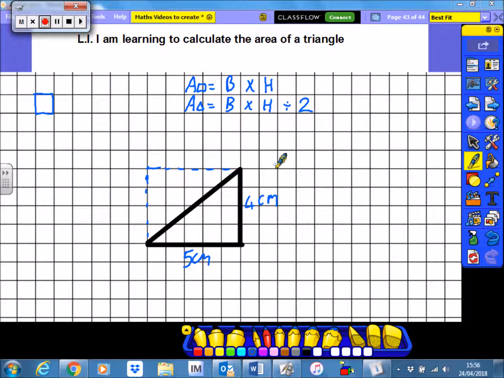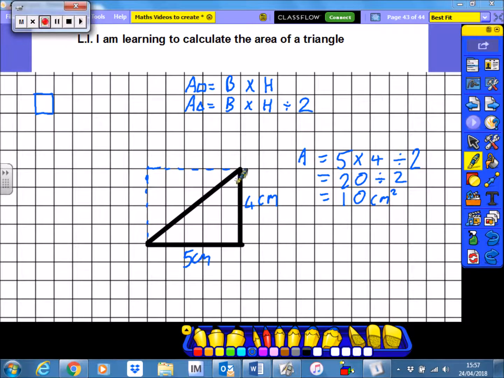So using that, the area of this one should be 5 times 4, but then divided by 2. So 5 times 4 is 20, divided by 2, and what we should have in total then is 10 centimetres squared.